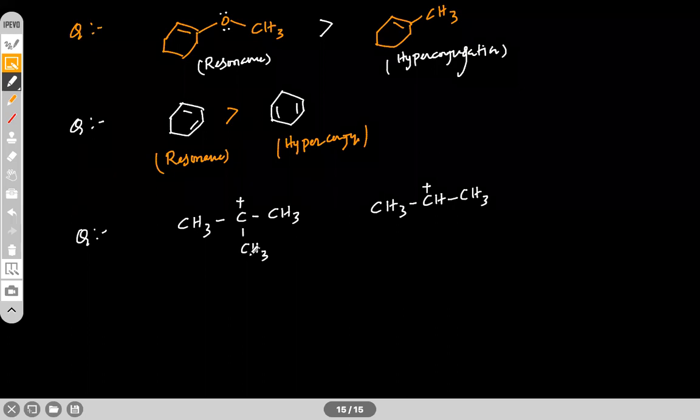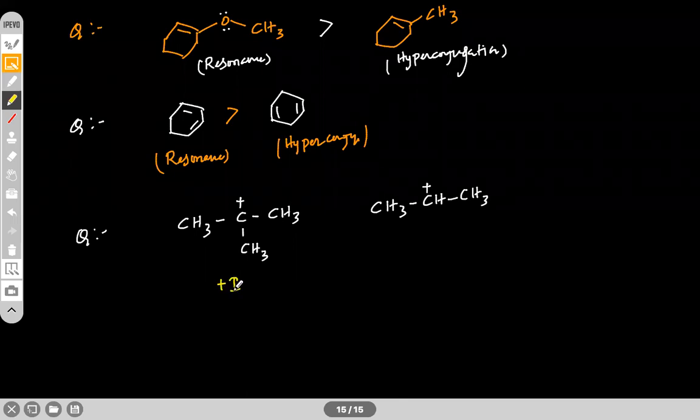So what all effects are there in this molecule? Do we have resonance? No. Do we have I effect? Yes. So we have plus I effect.